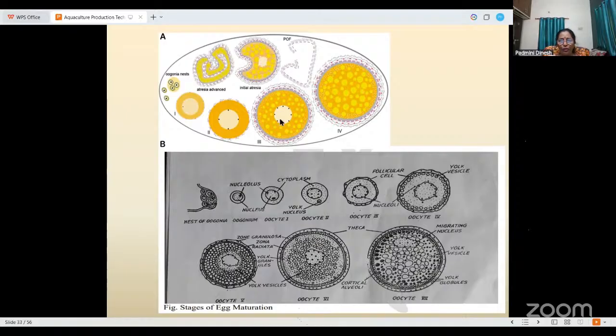Now, you have so many nucleoli. Can anybody tell me the importance of the nucleolus in the cell? You have a nucleus, and inside the nucleus you also have a nucleolus. But why should this egg have so many nucleoli? Very beautiful question. If somebody can answer me this.